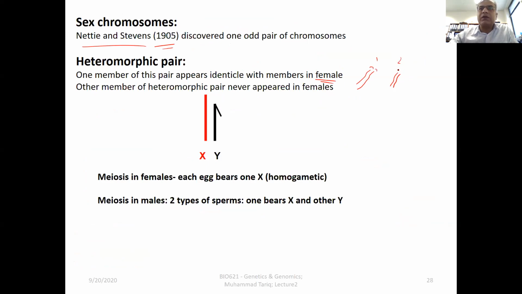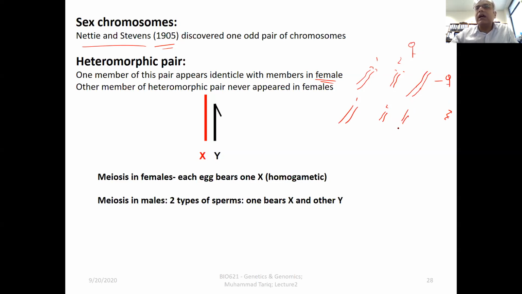If this is chromosome 2, it exists in pairs. But there is a chromosome which exists in pairs in females, but not in males. Let's say this is chromosome 1, chromosome 2, and this is now the male. This was the female.